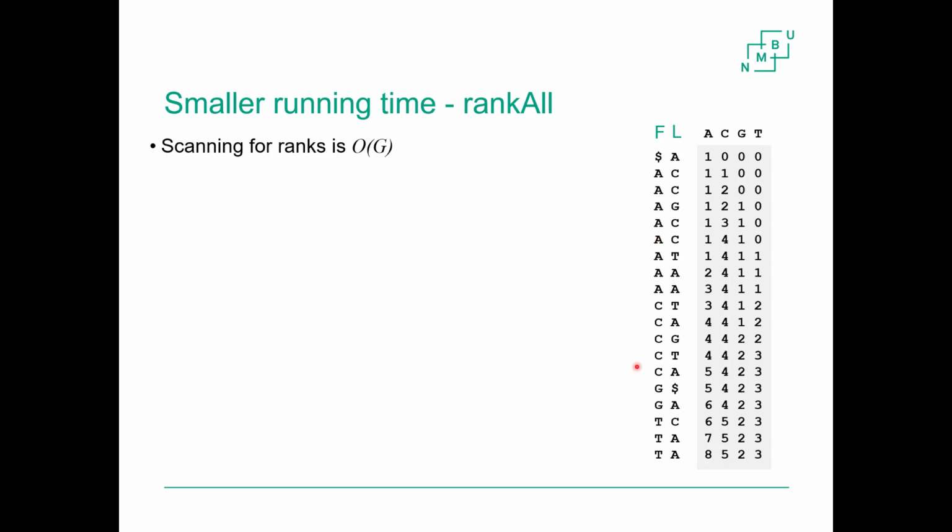This depends on the symbols, of course, but if you double the size of the genome, you will also pretty much double the size of these sections, right? So as long as you have to scan through a whole section like this, it's still running time big O of capital G. It still grows linearly.